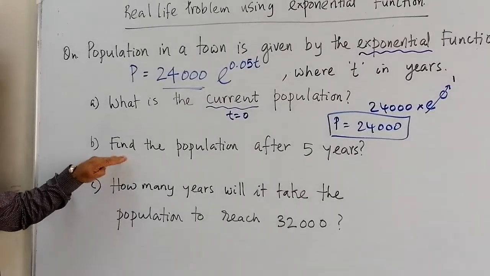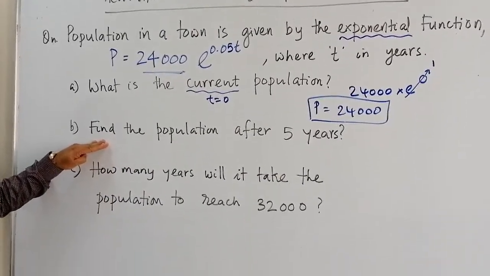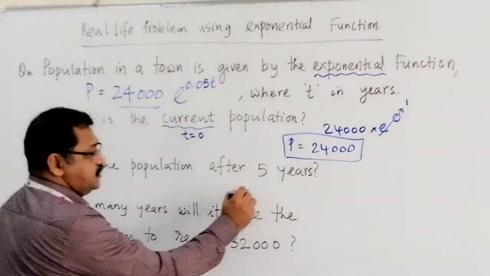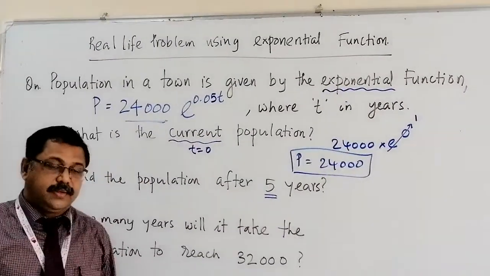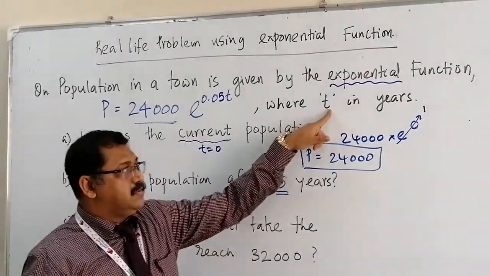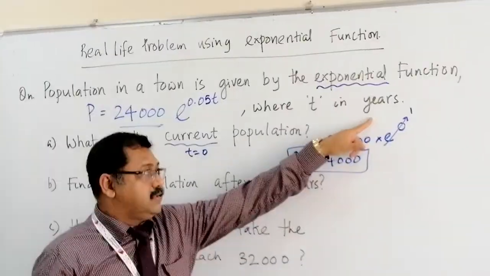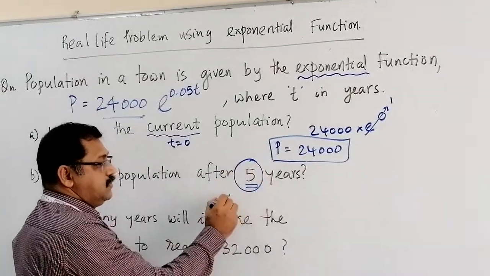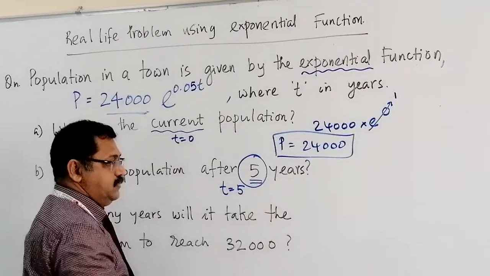Now look at the second part. Find the population after 5 years. The 5 years means t, the number of years. So here the value of t will be 5.